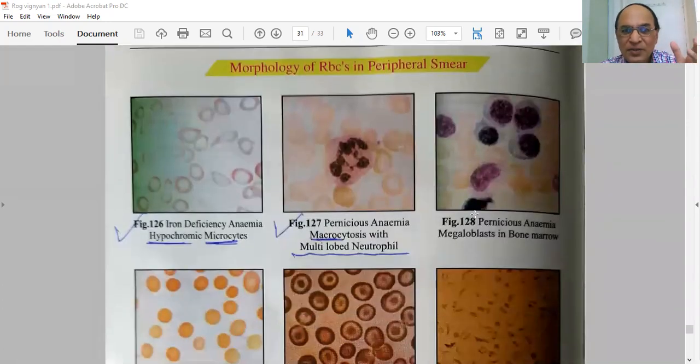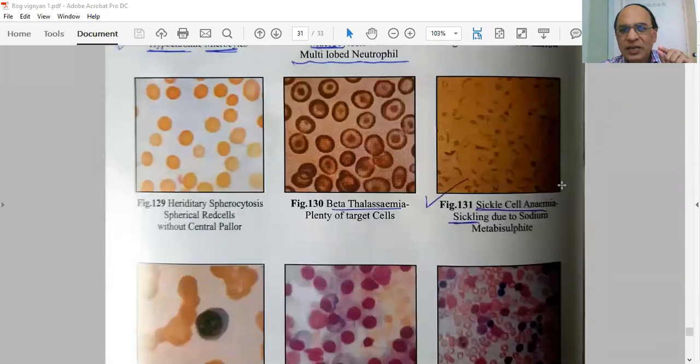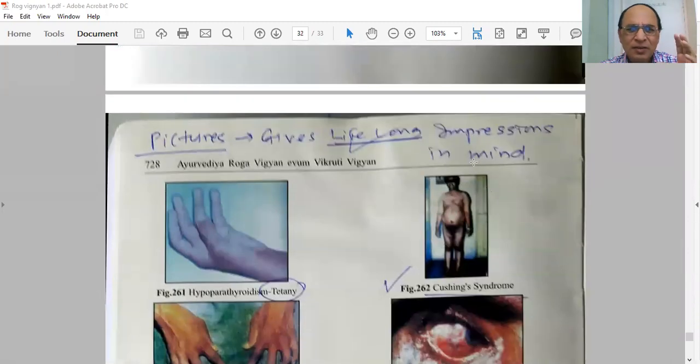Then morphology of RBCs. Can you see? Hypochromic microcytes, small size. Then here in pernicious anemia, macro, the size of RBCs is bigger with multi-lobed neutrophil. So all the sickle cell anemia, can you see? Sickling due to the sodium metabisulfite. So everything with pictures. Pictures give lifelong impressions in the mind.